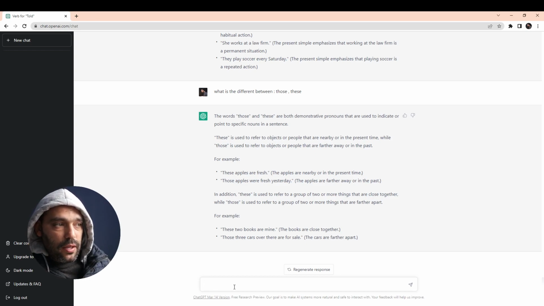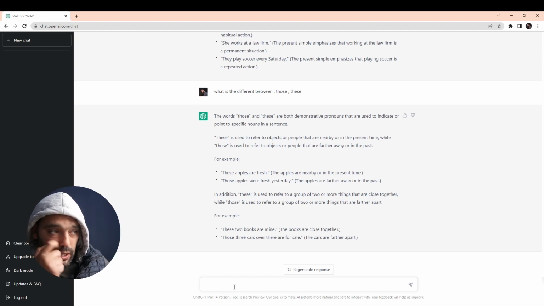For example, these apples are fresh. The apples are nearby or in the present time. Those apples were fresh yesterday. The apples are further away or in the past.